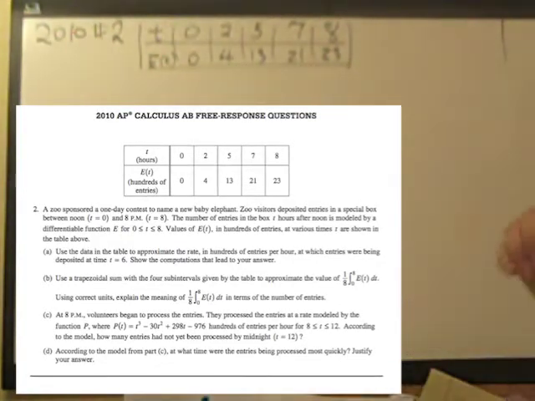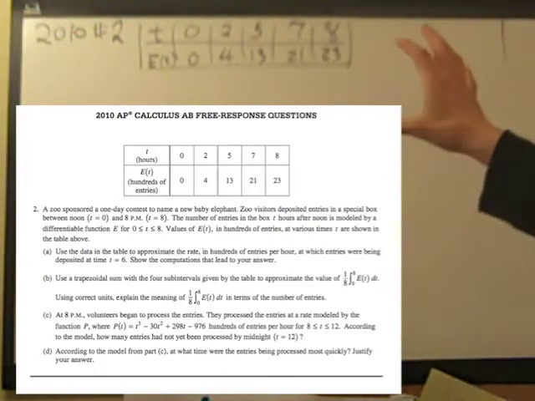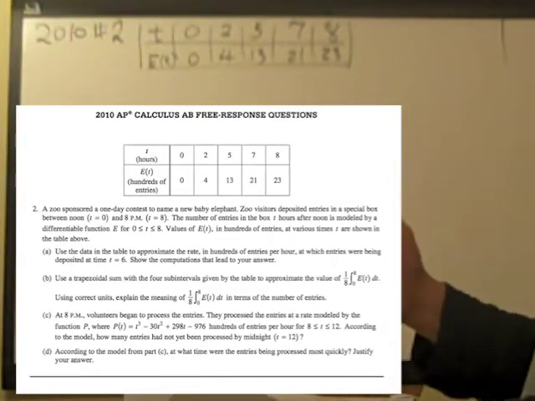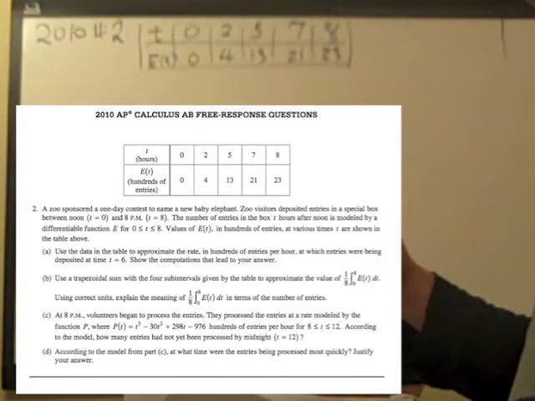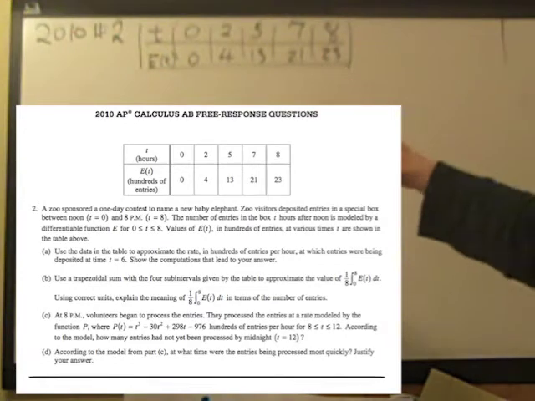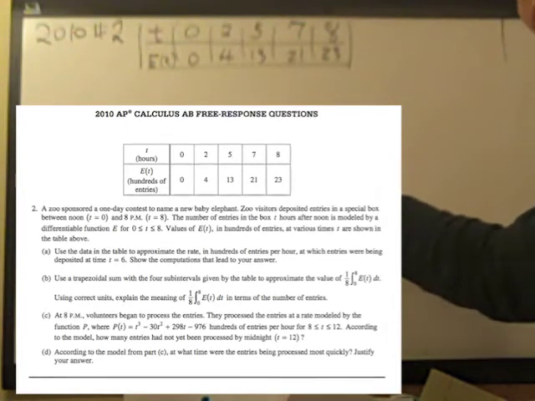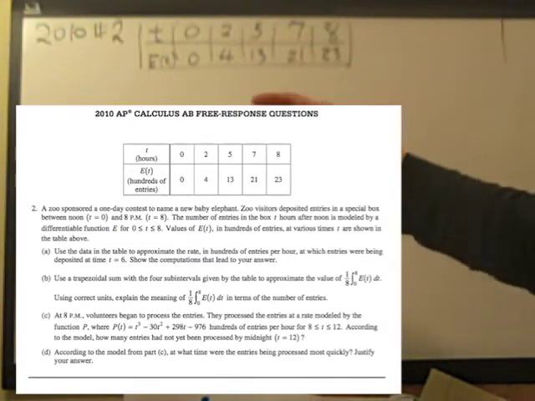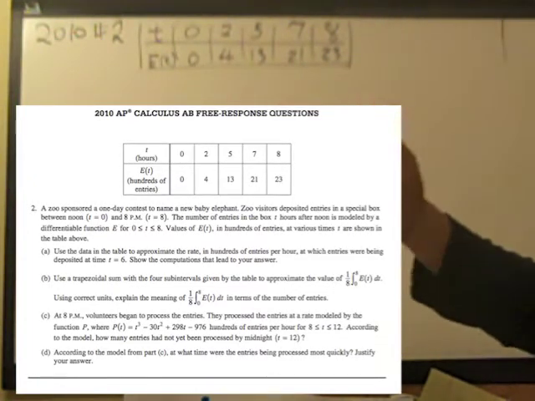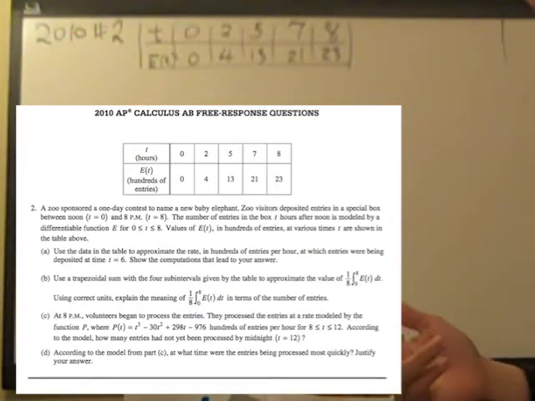Every time I see this problem, I think that instead of a function or a graph, it gives you a table. But I think it's helpful to turn this into a graph so that you can conceptualize it based on the concepts that we study. Now let's read this problem together.